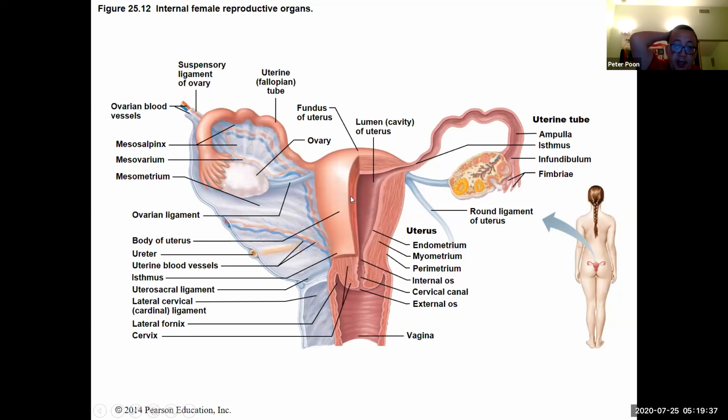These two are usually sealed. If there's no chance at reproduction, you don't need anything to get in, because why risk infection unless there's a reason for the opening? When it's the right time, when the egg is released, that seal opens and allows sperm through.